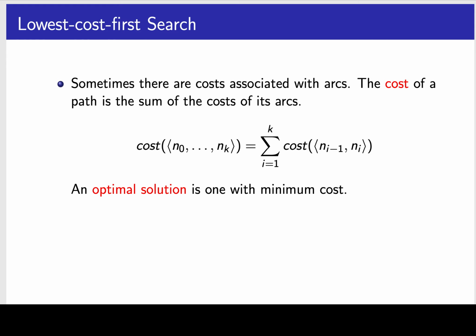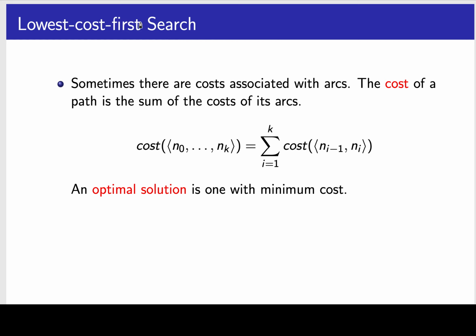One other strategy we're going to look at initially is for when there are costs associated with the arcs. The cost of a path is the sum of the costs of its arcs, so the cost of n1 to nk is the sum of the costs of each of the arcs. An optimal solution is one with minimum cost.